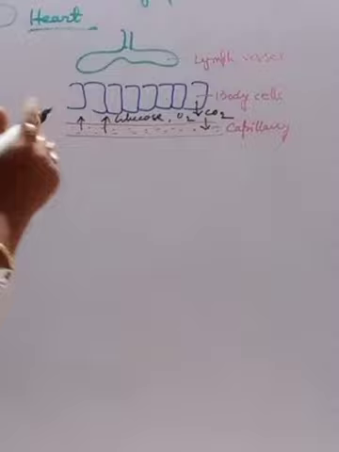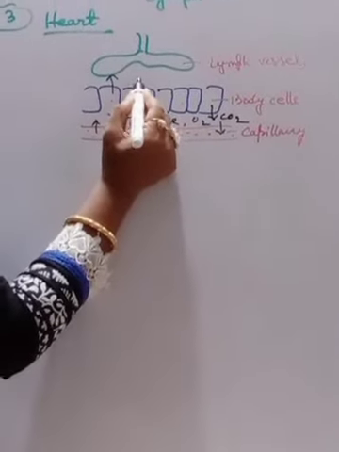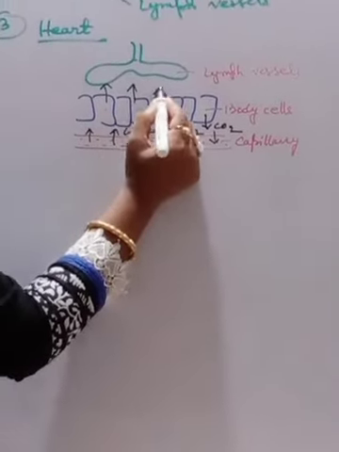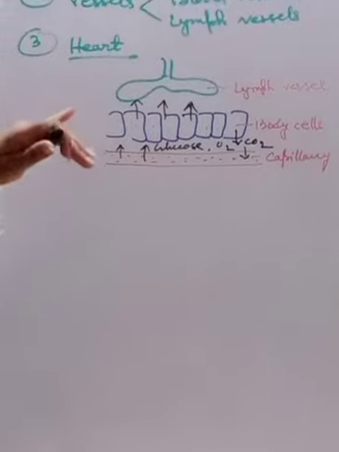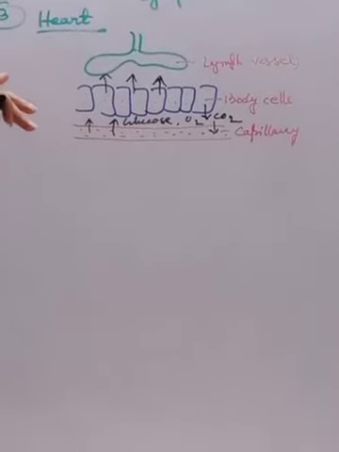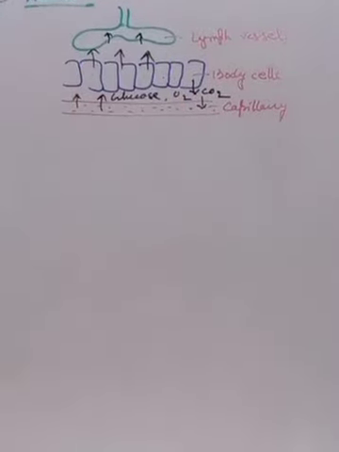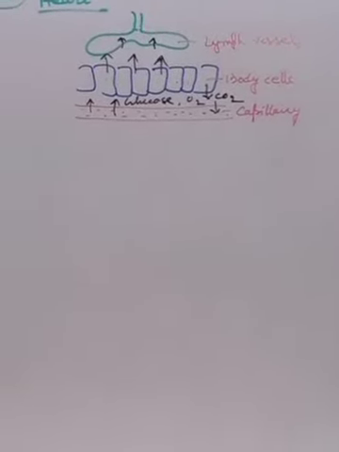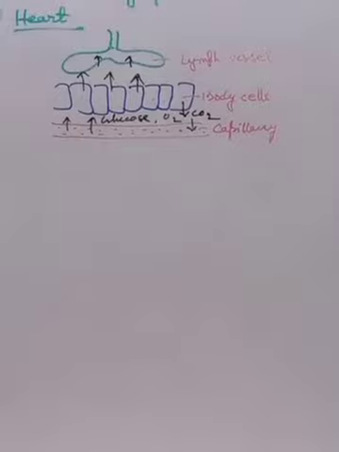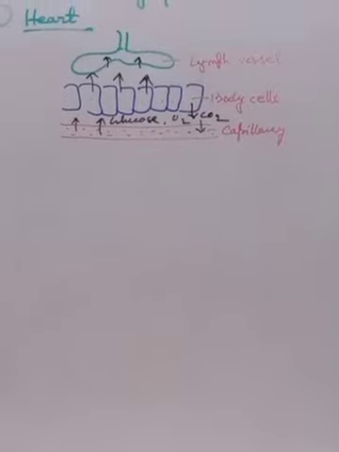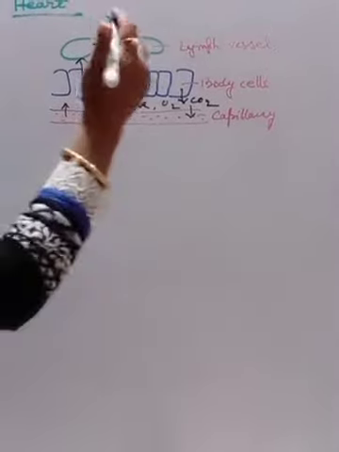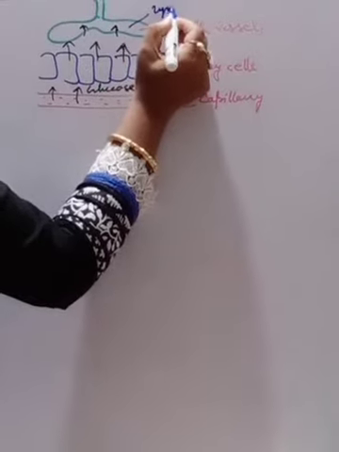Now within this time, some of the tissue fluids also leak out from the body cells, the plasma, and then they are absorbed by the lymphatic vessels or lymph vessels, and here they are found as lymph. So they form the lymph.